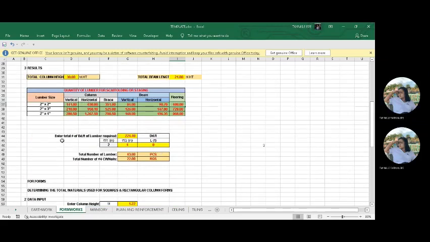So you can enter the total number of board feet of lumber required. We have 224.4 board feet.